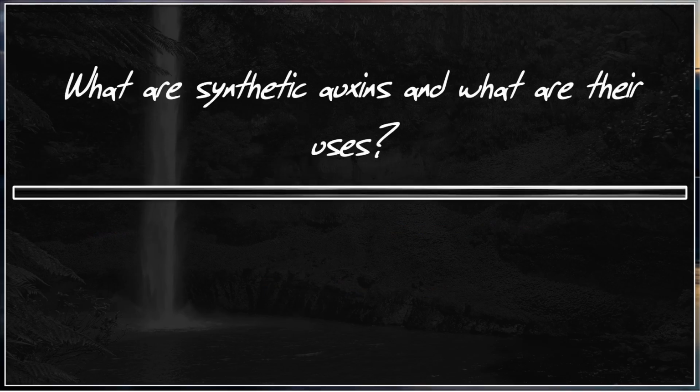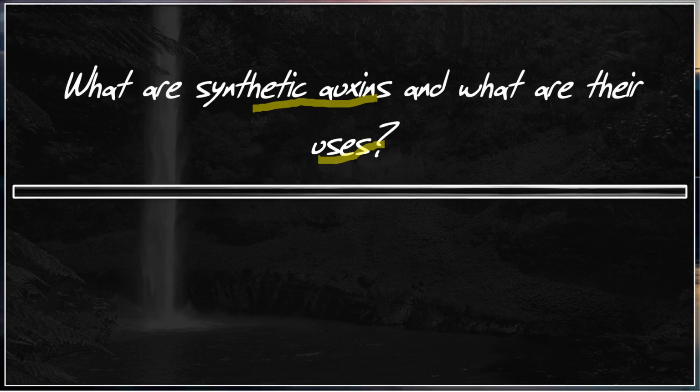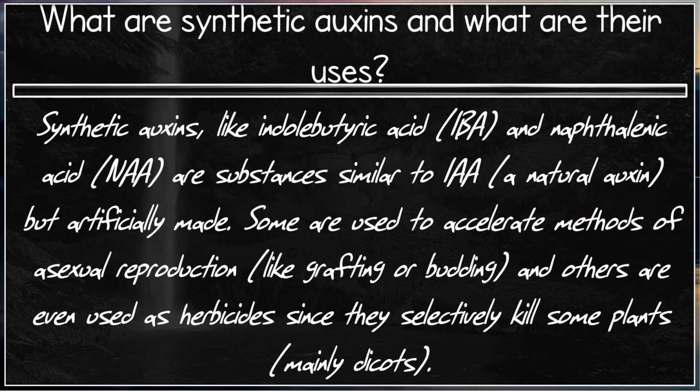What are synthetic auxins and what are their uses? Synthetic auxins like indole-butyric acid, IBA, and naphthaleneacetic acid, NAA, are substances similar to IAA, natural auxin, but artificially made.